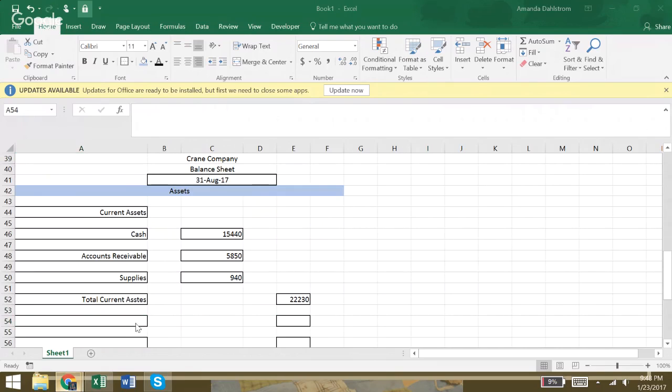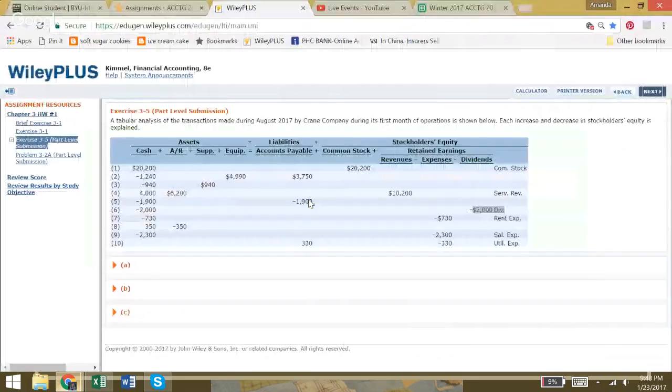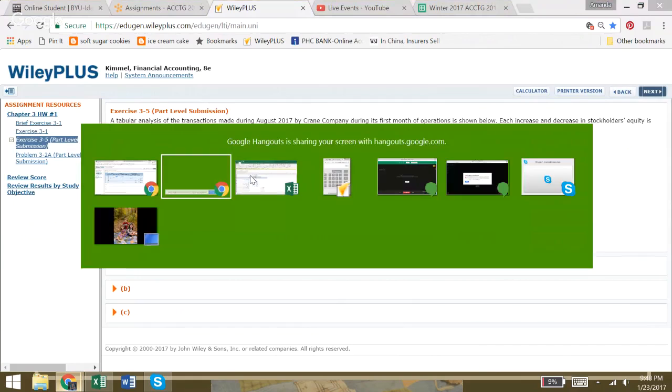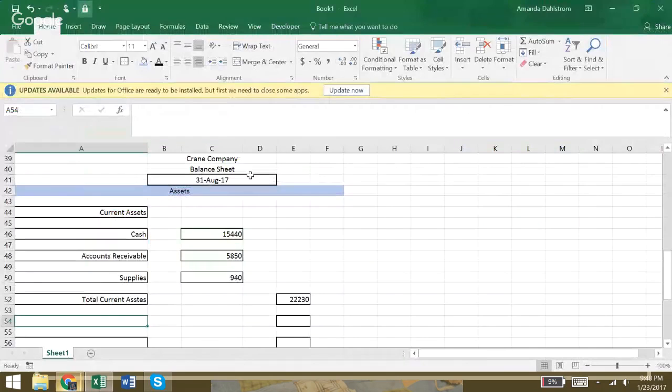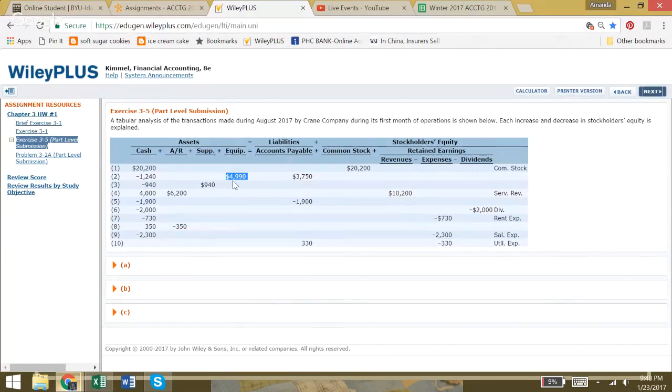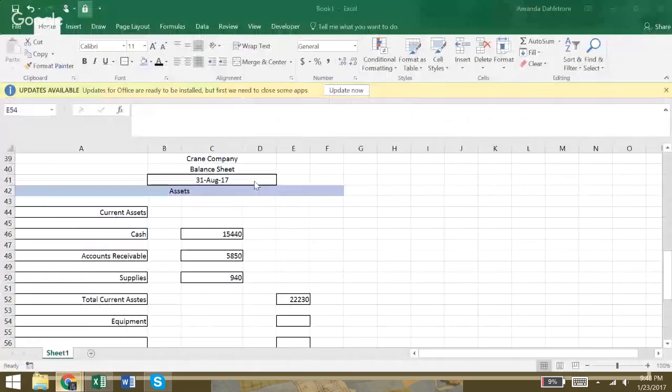And if we look over here, we do have one other asset, which is equipment, which would go in the land equipment category. So go ahead, put equipment there. And the amount for equipment was 4,990. So that's all of our assets.